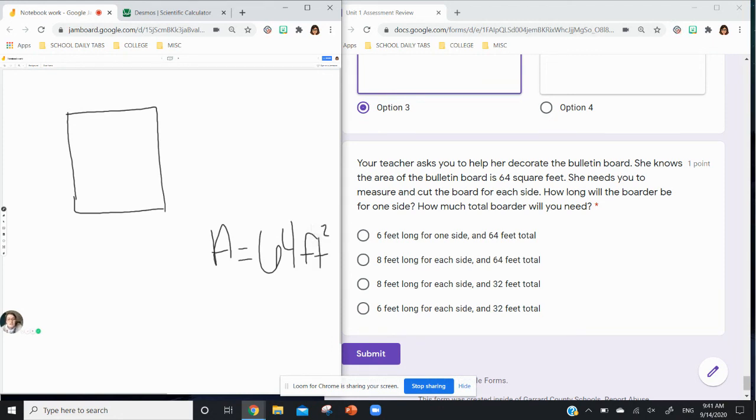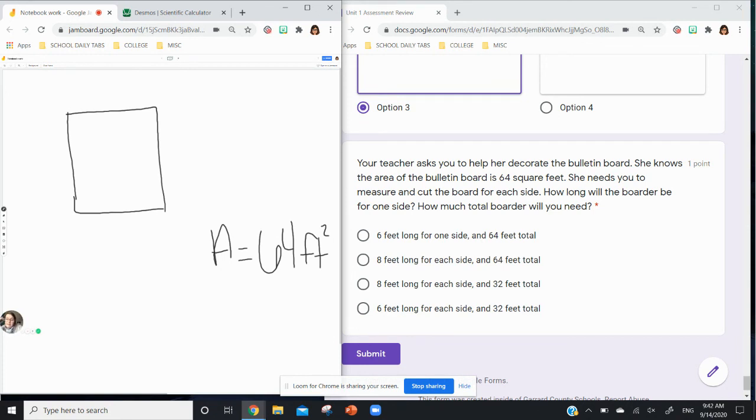She wants to know how much border I'll need for one side, and then how much total border I will need. I think this really sounds like a notebook problem if I'm not mistaken.